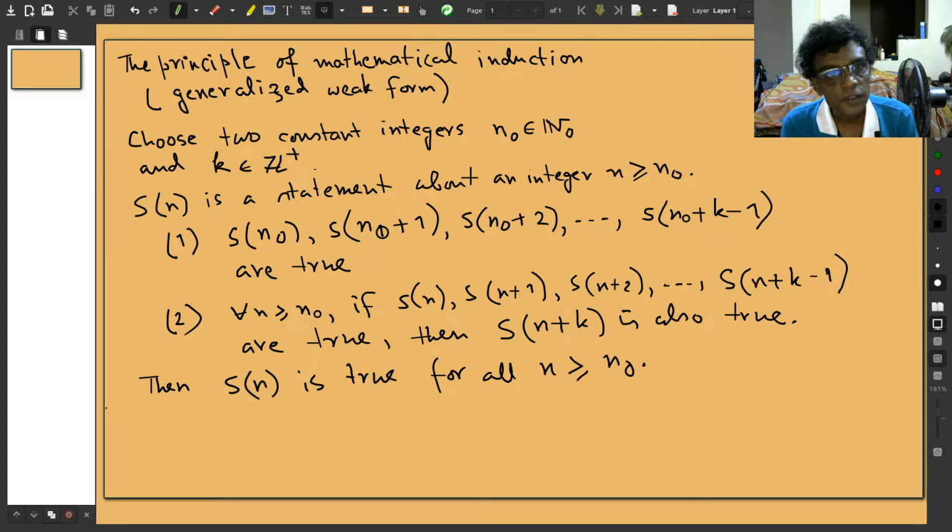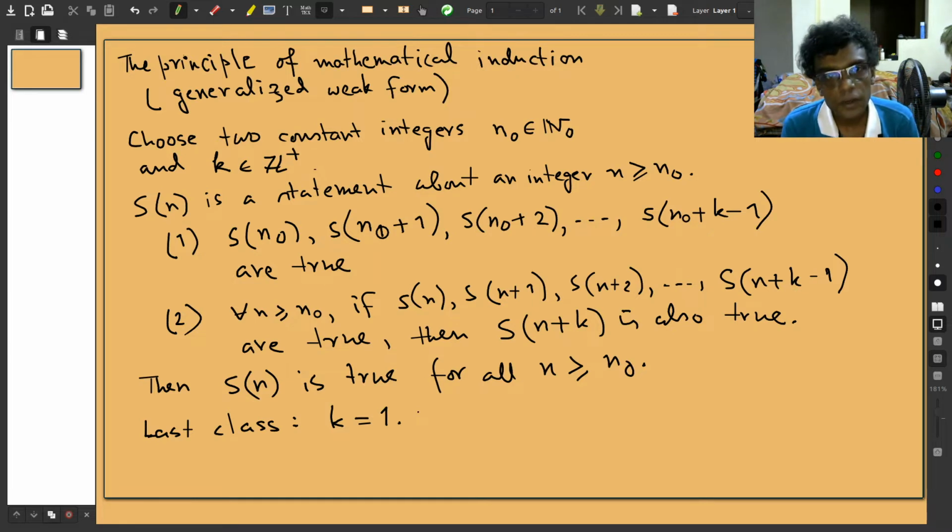So this is generalized because in the last class we have considered only the special case k equal to 1. Now we allow k to be 2, 3, 4, 5, but some constant thing. And we will also study a format which is slightly stronger assumption than this weak form.